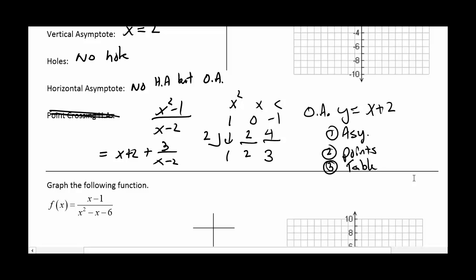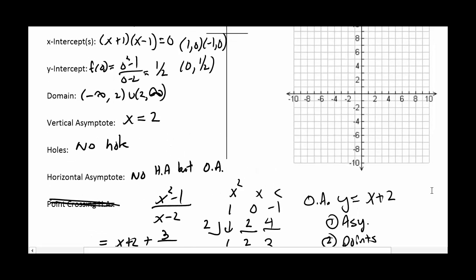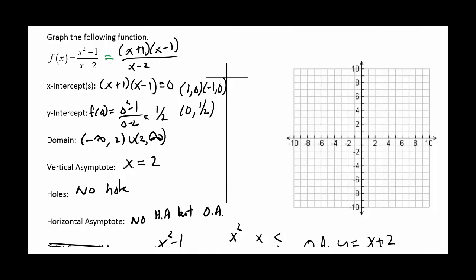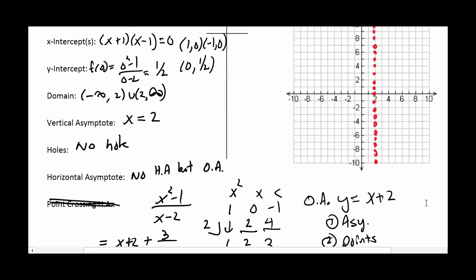Okay, so let's come up here, with our asymptote being x equals 2. So we'll plot that asymptote there. Okay, and our oblique is the equation y equals x plus 2.